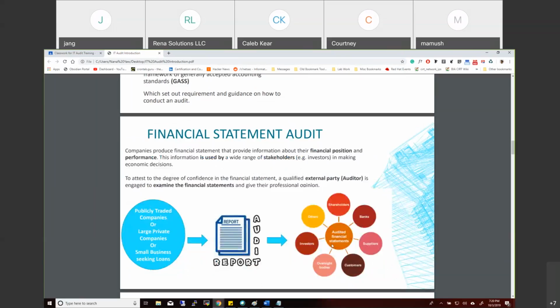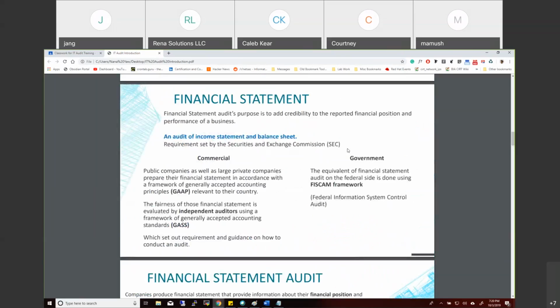One of those stakeholders is the SEC, which is pretty much like the police over these publicly traded companies, making sure they're in compliance and that there is transparency over their financial performance. There are two types of auditors when we talk about financial statement audit, okay?